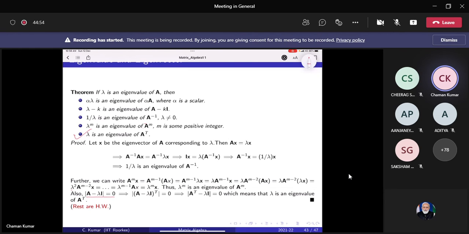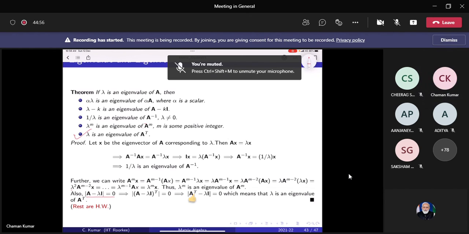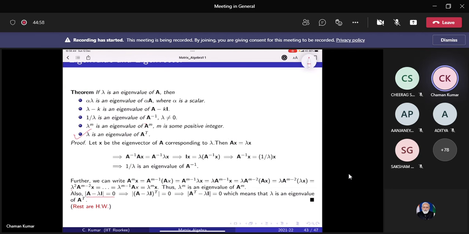Now the determinant of A and A transpose is the same. That means we can write the left hand side as the determinant of (A minus lambda I) transpose, which can be written as A transpose minus lambda I transpose, and I transpose is just I. So this is basically equal to the determinant of A transpose minus lambda I, right?